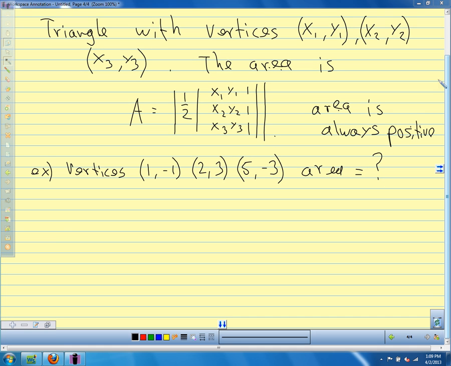Now before I do this problem, I want to just make a quick sketch here. So if this is 1, over 1, -1, over 2, up 3, I'm just making a rough sketch, and over 5, and down -3. So here's a rough sketch of this triangle.